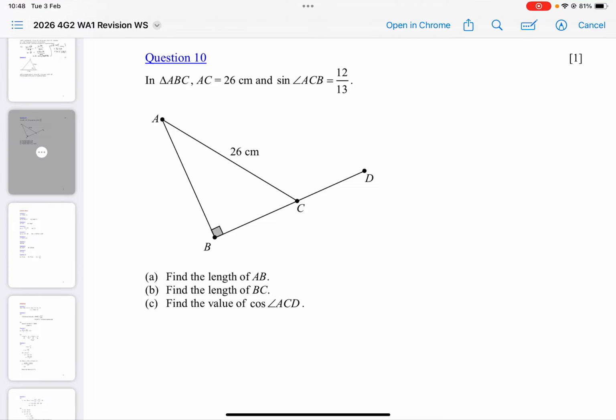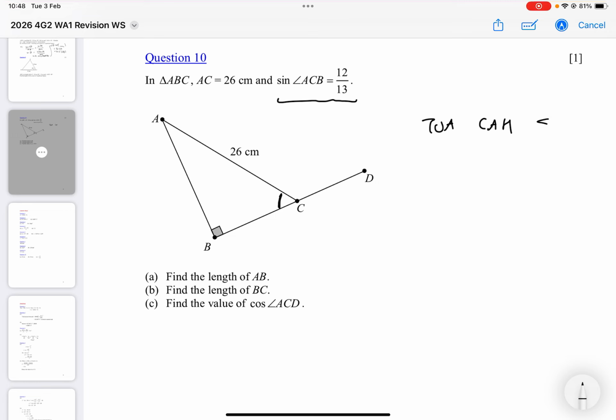They tell me one extra piece of information: sine of ACB is 12/13. ACB is here. So what is sine of ACB? Sine means S, so sine equals opposite over hypotenuse. The opposite of ACB is AB.